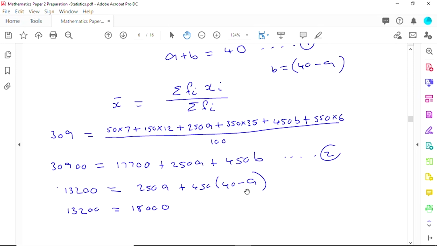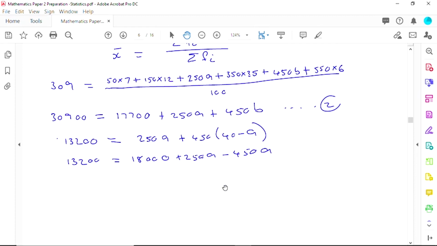And we have 250A minus 450A, which is negative 200A, so I want to take that to the left hand side.